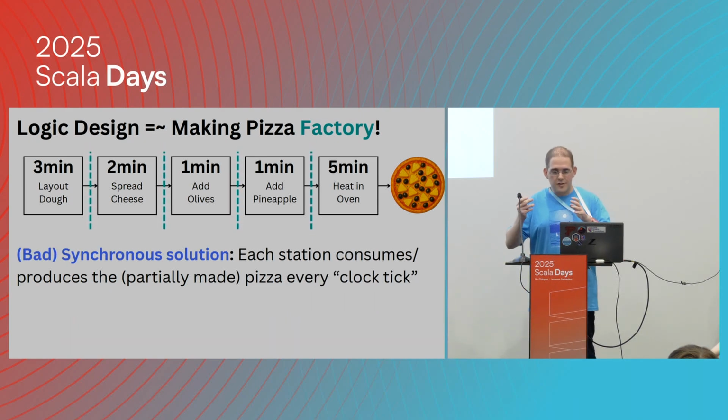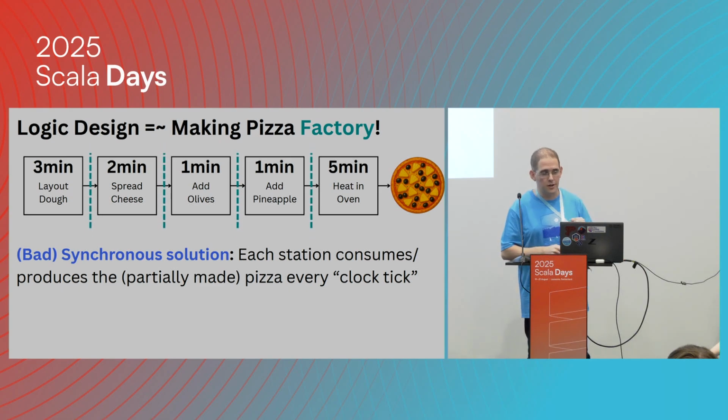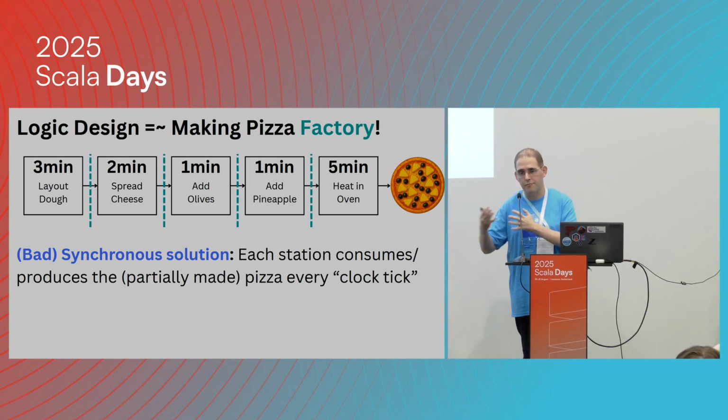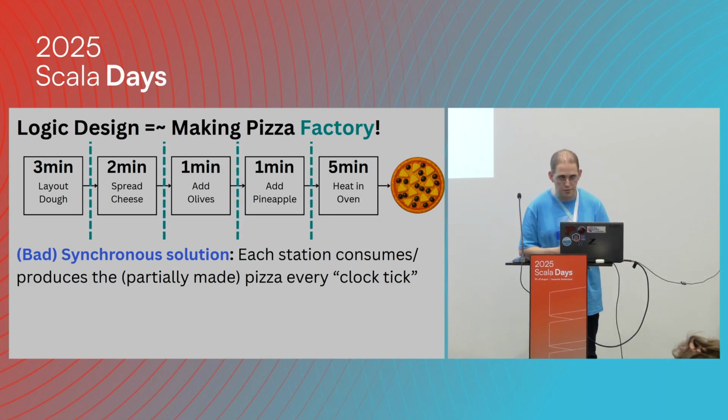The bad synchronous solution is saying, okay, we have a global clock that all these stations work at, and at each step of the clock, we move the half-made pizza from one station to the next.